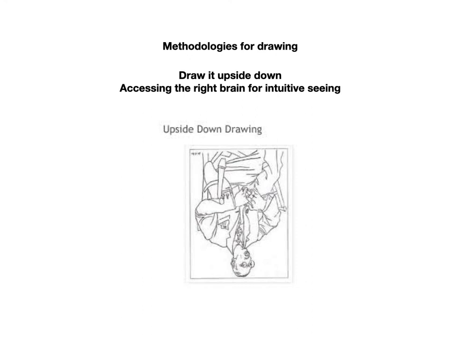This way you access the right side of your brain, which creates a more intuitive kind of seeing. You can also experiment with contour drawing, where you sit and maybe draw a friend or a family member while they're watching TV, perhaps, and you try not to look at the paper that you're drawing on and see if you can capture a little bit more of their essence in that way.